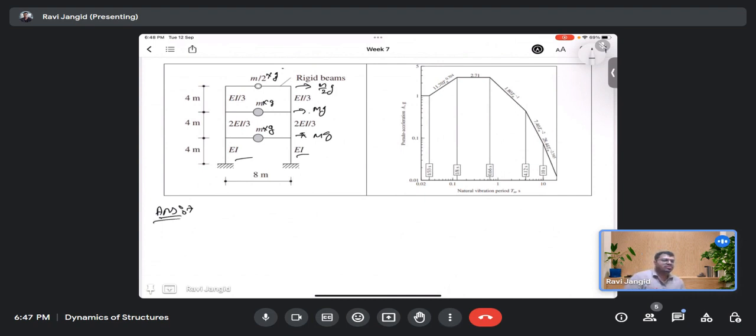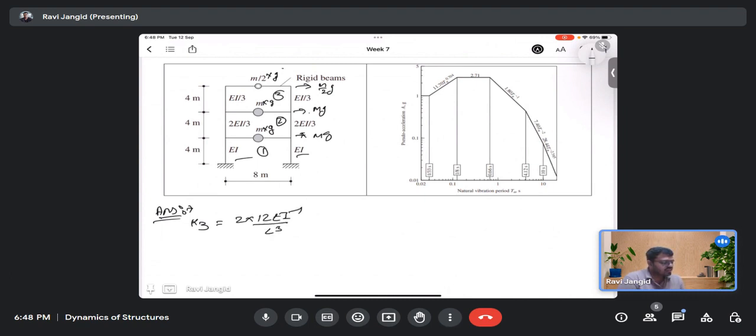So for this, what do I need? First find out the story stiffnesses. This is story one, this is two, this is three. Let us first find k3. How much stiffness? That will be 2 into 12 EI by L cube.